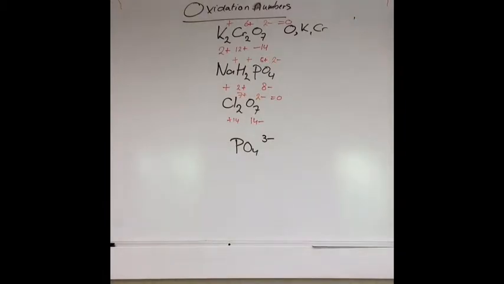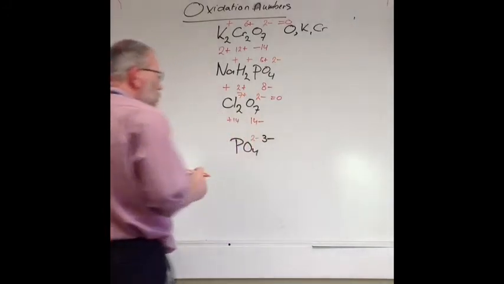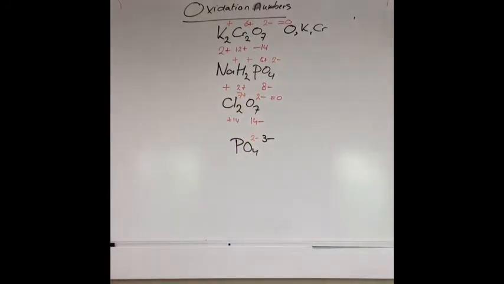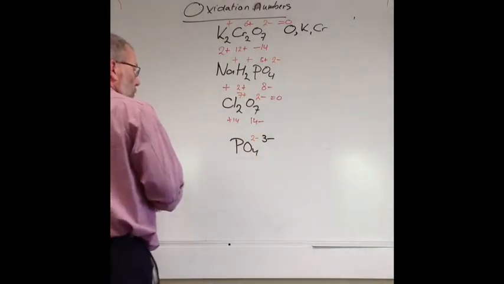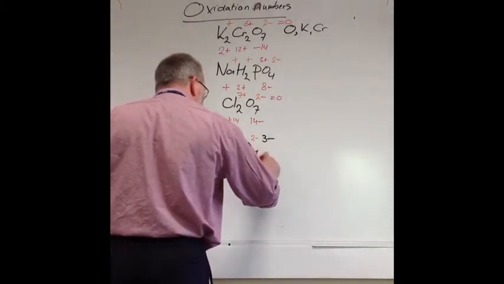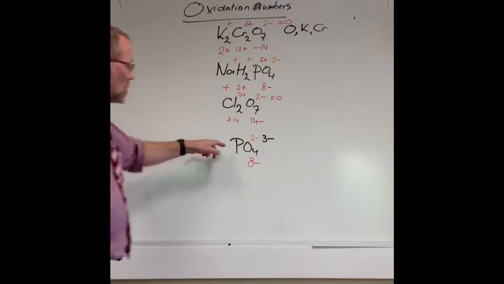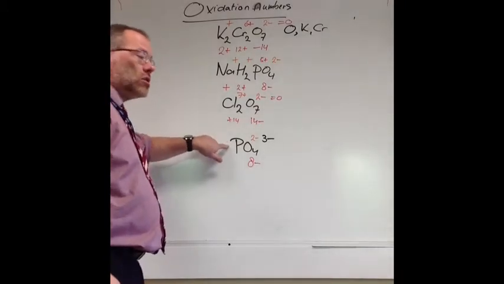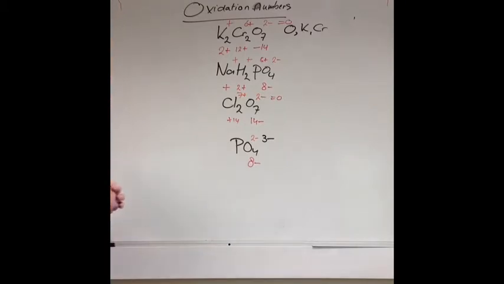Let's stick to the rules. Oxygen is 2 minus. I've got 4 oxygens, therefore that will be 8 minus in total. Now if the phosphorus was 8 plus, the overall charge would have been 0.